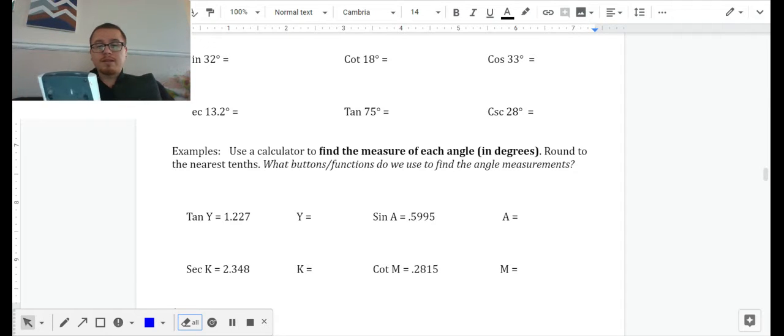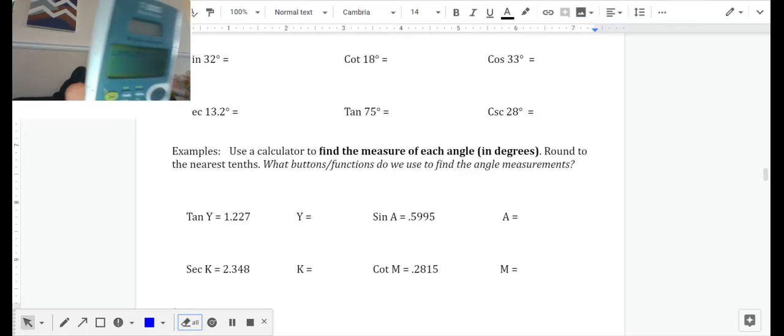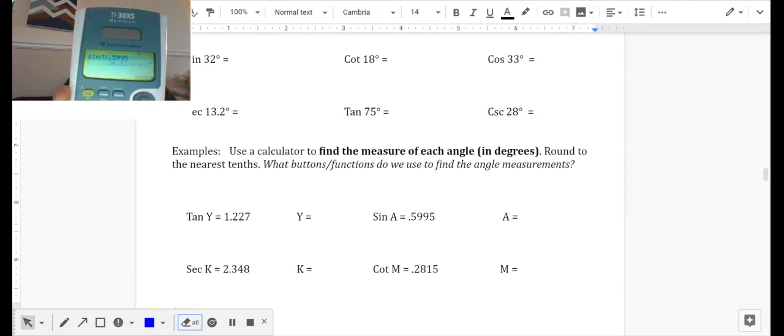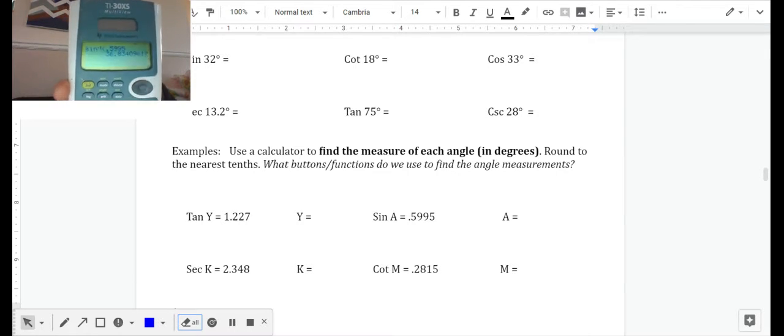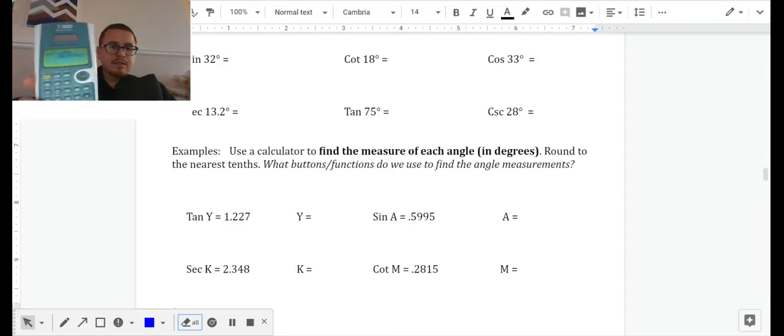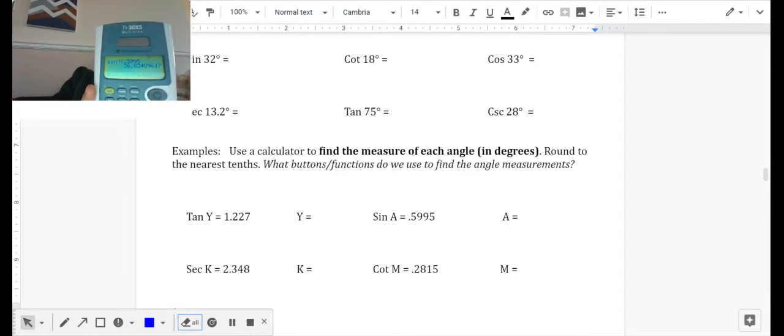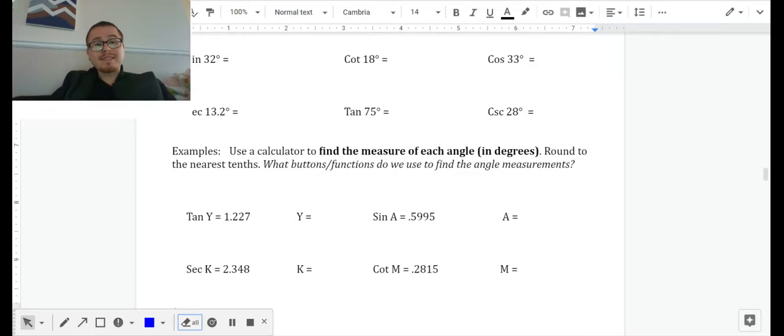So we'll type in 1.2. That's for tangent. For sine, we got 0.5995. Oh, I cannot type today. Okay, so it looks like this. Hit enter. The angle measure, the theta in this case, would be 36.834.